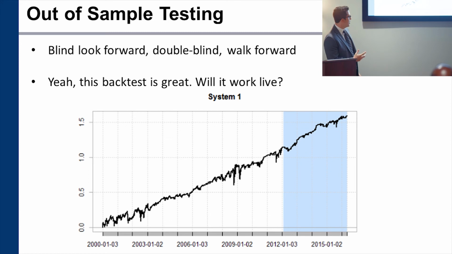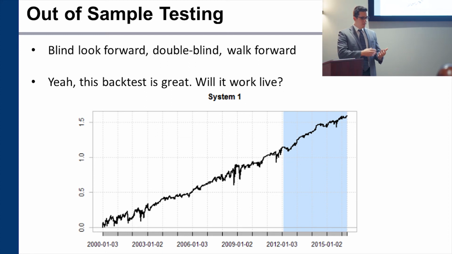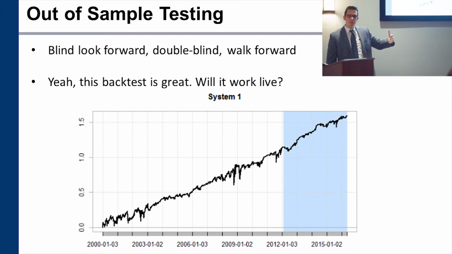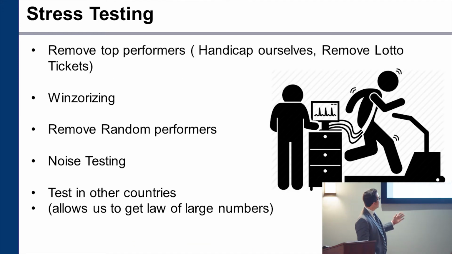The next test in our process is to pull this data out of our back pocket and test it on this unseen data. If our model continues to perform well on this data that we've withheld from our research process, then we can be confident that the model will continue to do well on new unseen data. And that brings us to our next step of stress testing the model we have.